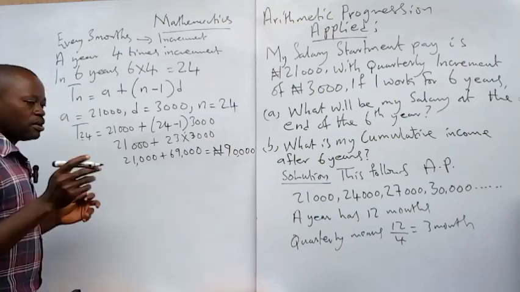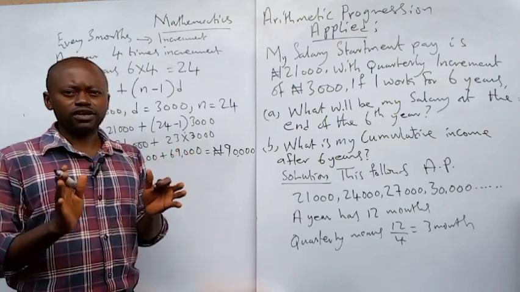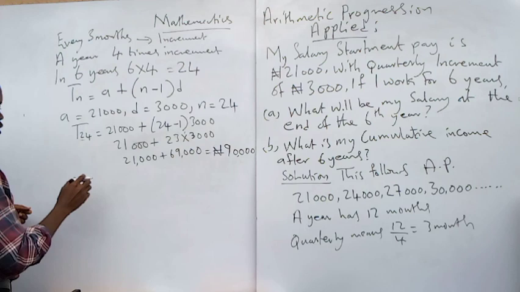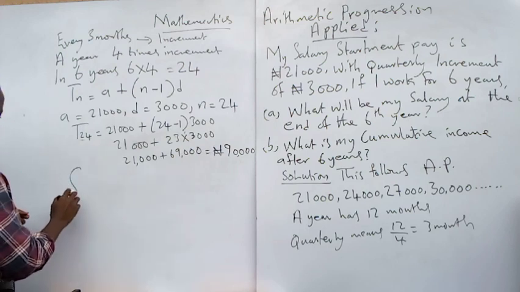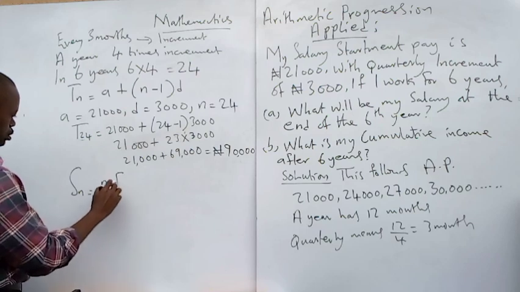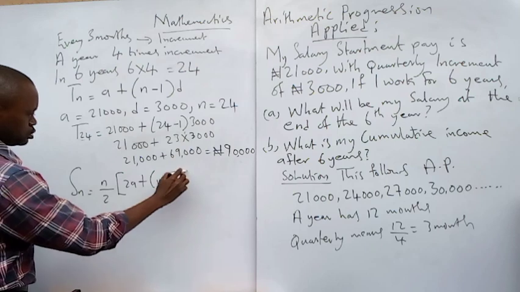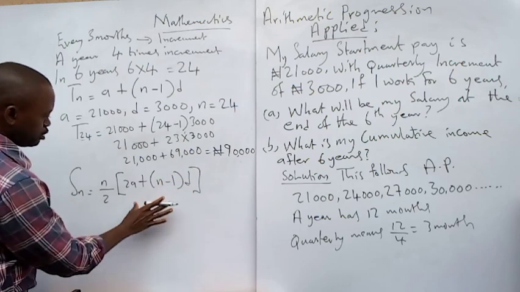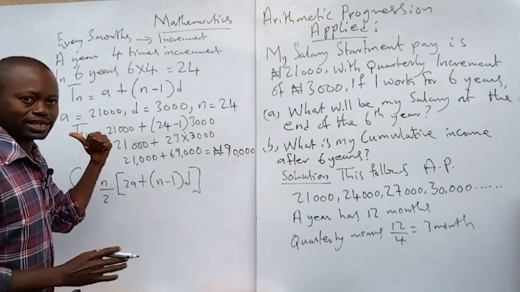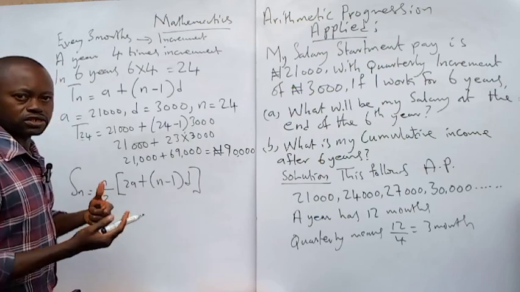So remember, I gave two mathematical expressions for calculating the sum of an arithmetic progression. I gave one to be Sn equals n over 2 in bracket 2a plus bracket n minus 1, then the common difference. We have explained all this in detail in our classes in arithmetic progression. If you have not looked at them, you can go and check that out.